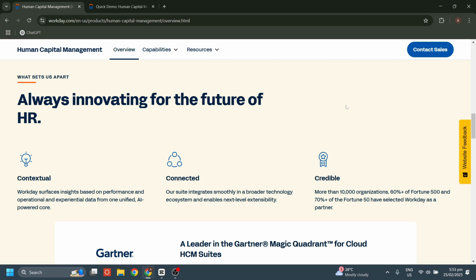Now, Workday's recruiting module helps companies hire the best candidates with an end-to-end hiring process from job posting to onboarding. They have AI-powered candidate matching that helps recruiters find the best talent. They also have automated job posting to distribute job openings to multiple platforms.